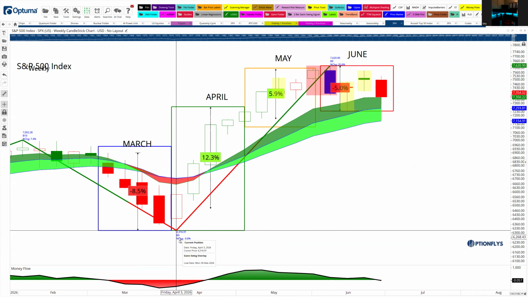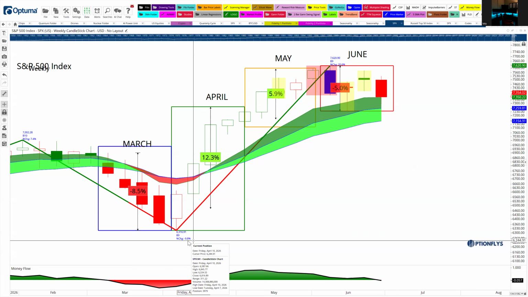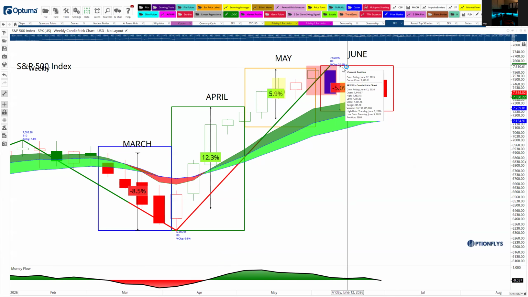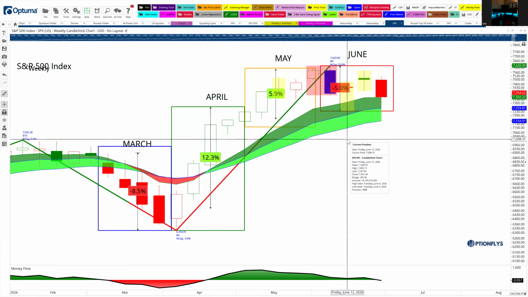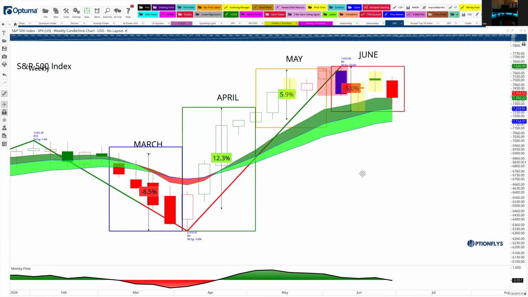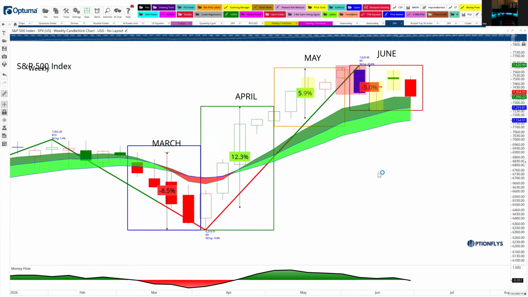We took a dip for nine weeks, 9.8%, and we rallied 9 weeks for 20.6%. These are the things that I don't think people really pay attention to, to see what this market is actually doing. 10 weeks, 7.4, 9 weeks, 9.8, 9 weeks, 20.6.